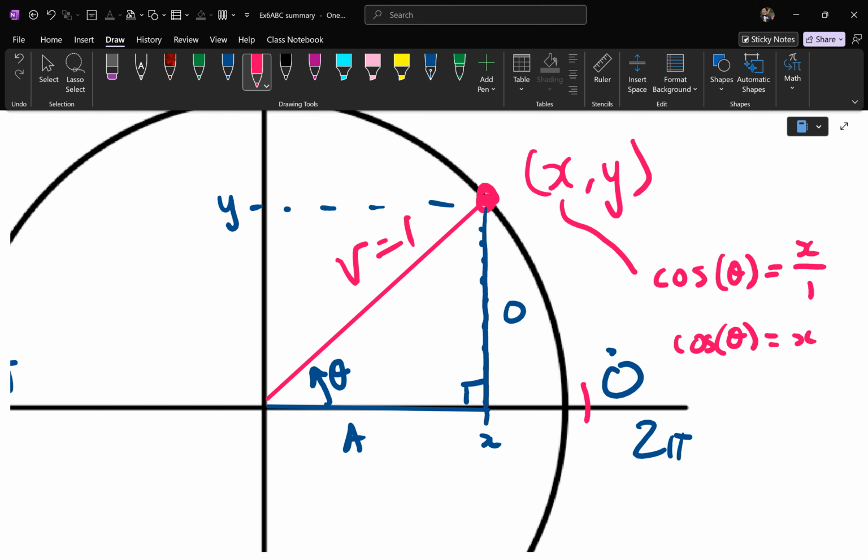Which is why, if you do the same thing for y values, it's actually the opposite over hypotenuse, so hence sine of this angle gives you the y values. So sine of an angle will tell you the y-axis values. Okay, that's where it's coming from. So it's pretty much working with your triangle, that this length, this height, is equivalent to sine of the angle. This length is equivalent to cos of the angle.